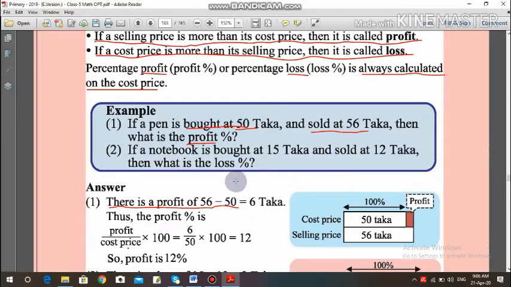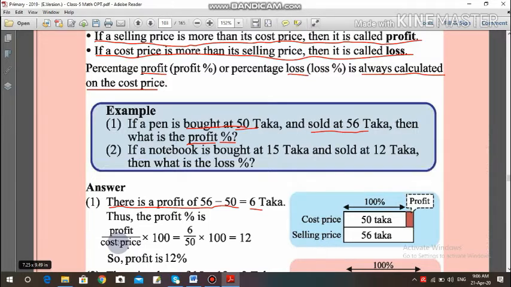That means profit is 6 taka. Now we convert the profit into percentage. Thus the profit percentage is profit divided by cost price into 100. I already said that profit or loss is always calculated on the cost price.